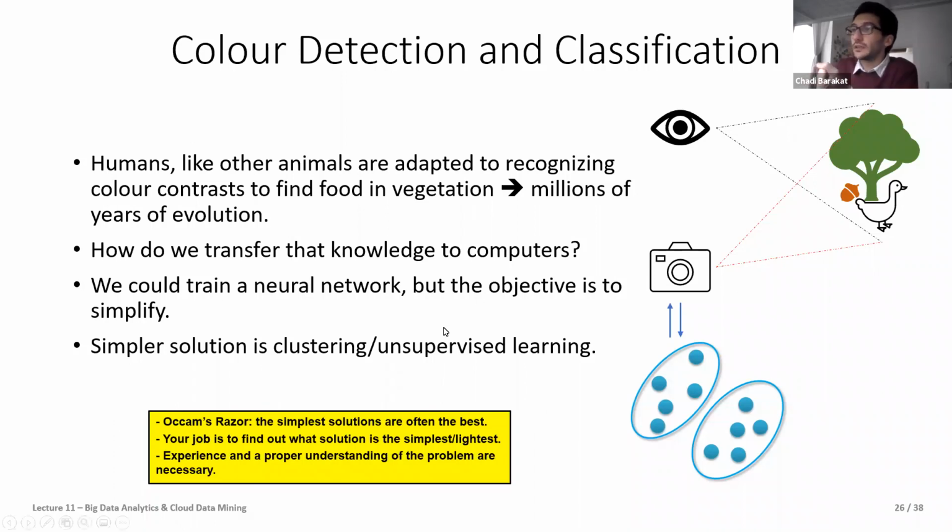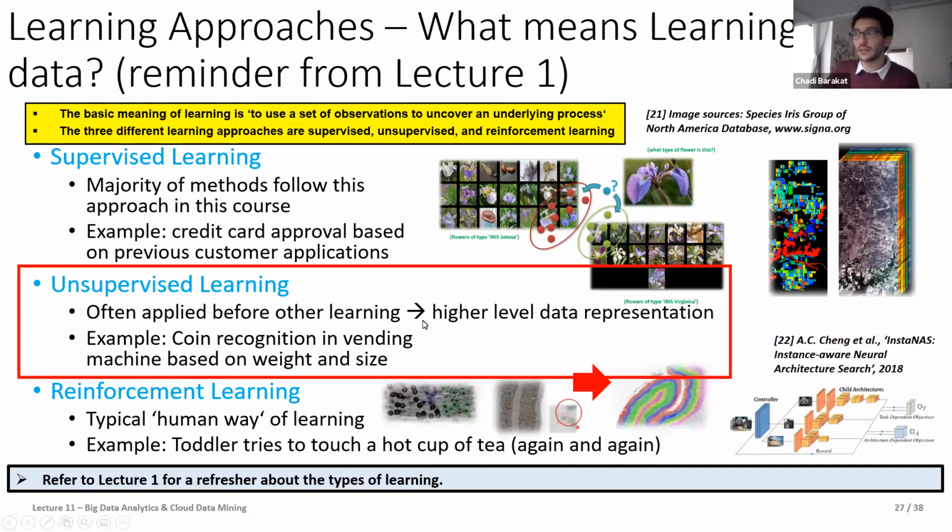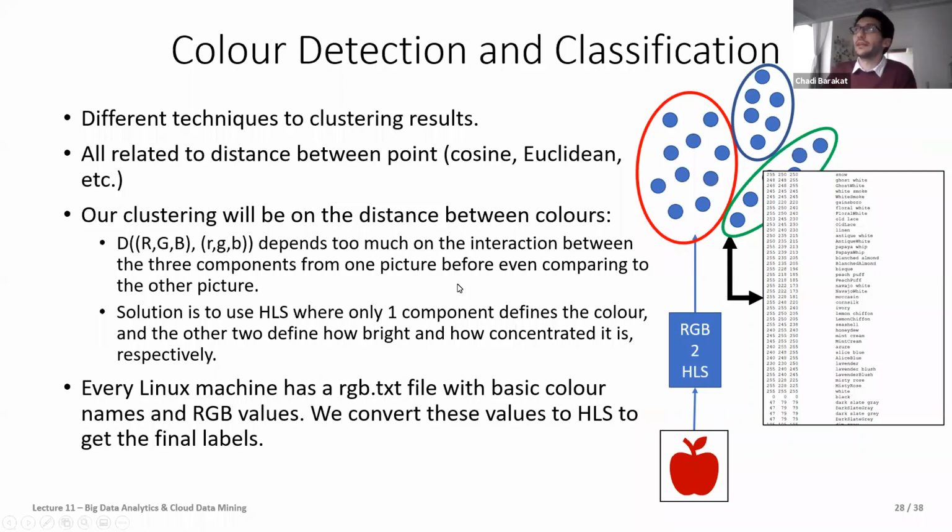In our case, it was an application of unsupervised learning, which is k-means clustering. And lecture one went further into the details, but in essence, what we did was we take the original image, we create clusters out of the different pixels, and the colors within these pixels are grouped using cosine or Euclidean distance.